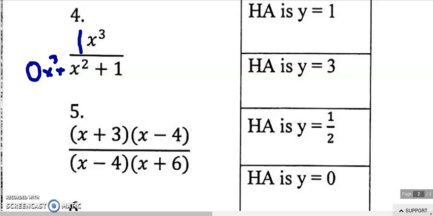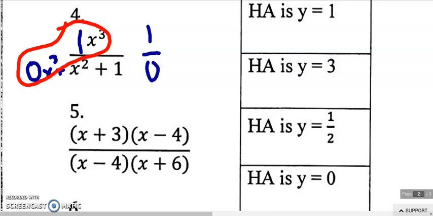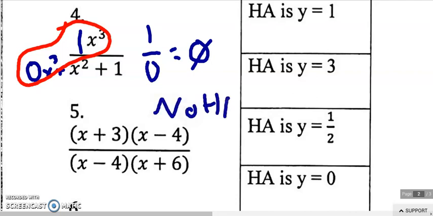So when I isolate this fraction, I get 1 over 0. And if we think back to what we've said the past few lessons, 0 cannot go on the bottom of the fraction. So because I have an undefined value, there is no horizontal asymptote.